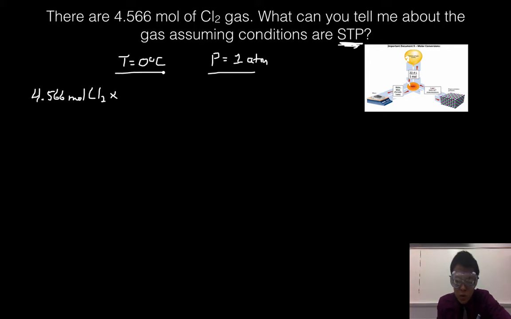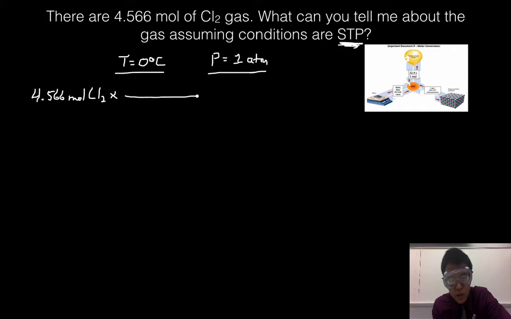These are important conditions, and this assumption, 22.4 liters of space for 1 mole, usually is the best estimate if these conditions are present. So given that, we can use this conversion, 22.4 liters per 1 mole.